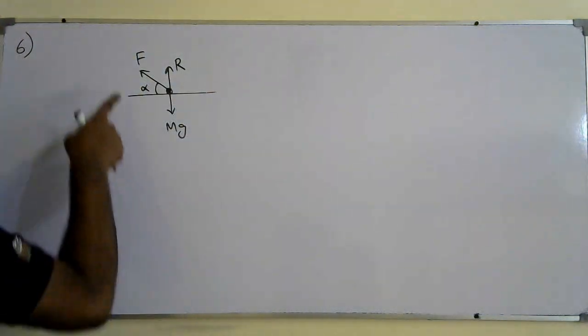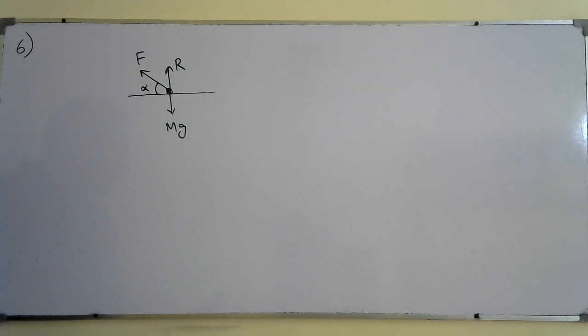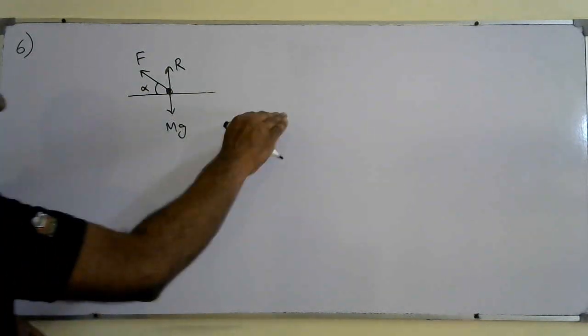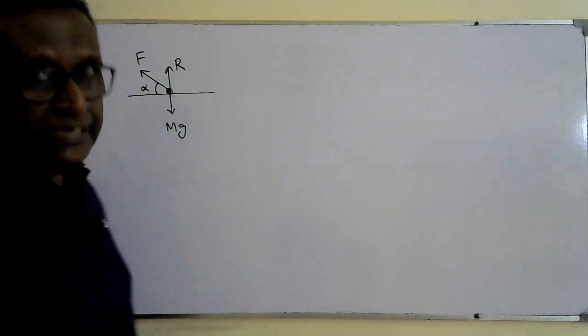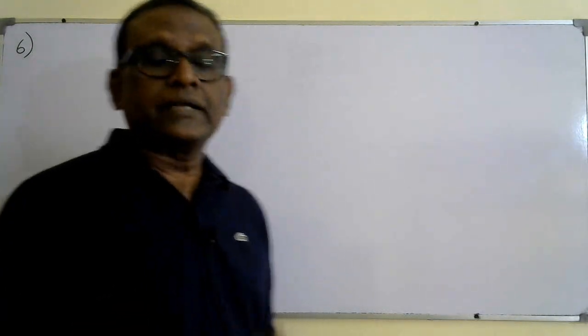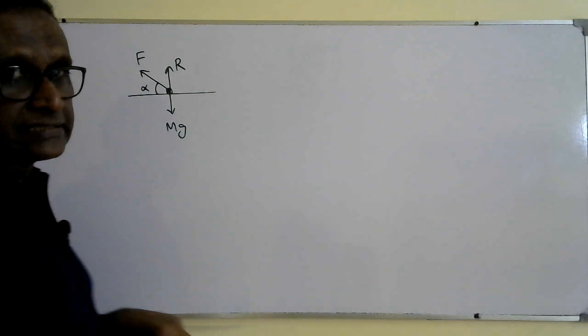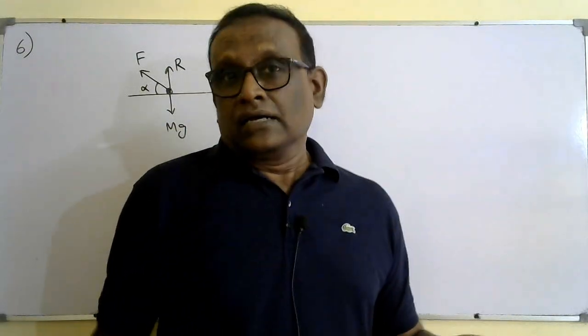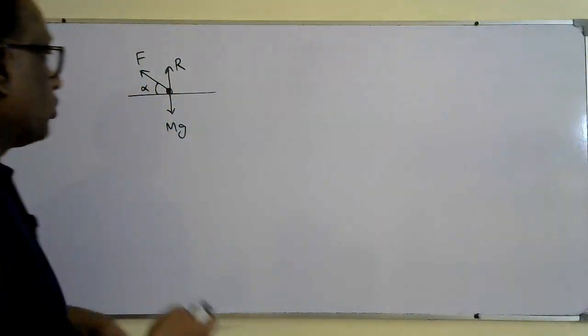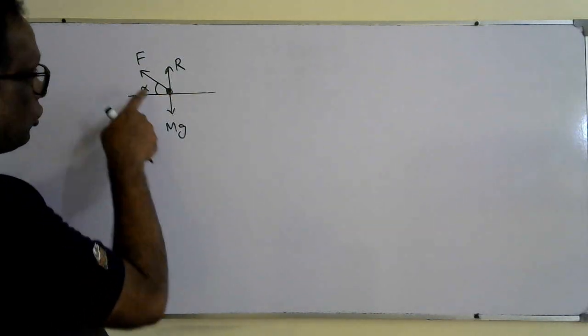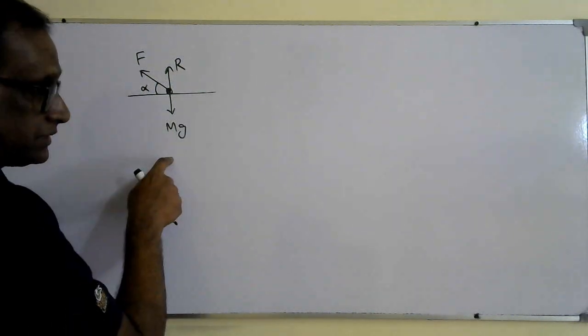So you are applying a force F at an angle alpha. The object is still at rest. So I am not considering the horizontal direction, because for that I need to consider friction. I'll come to that point. But I am considering the equilibrium in the vertical direction. Since the object is at rest, earlier I told before you apply F, R equals mg.